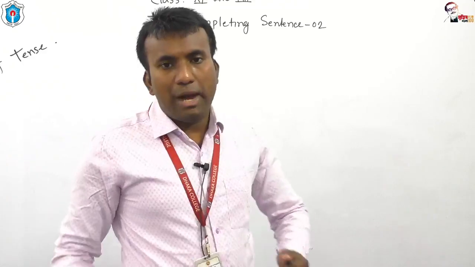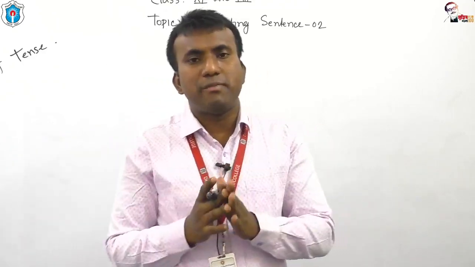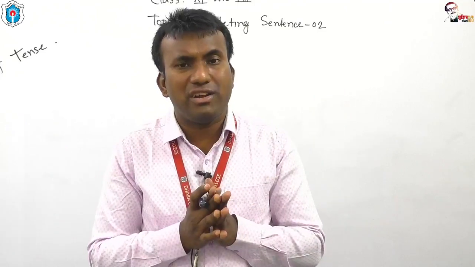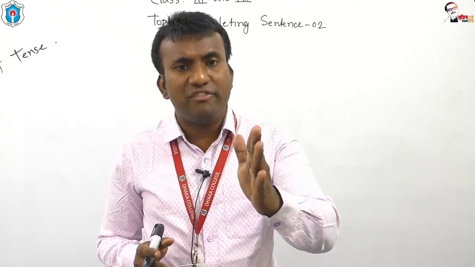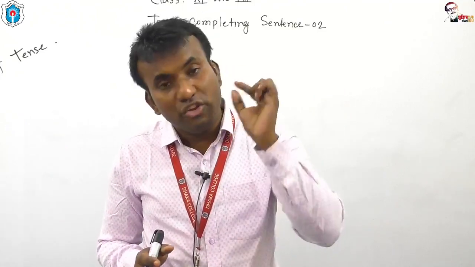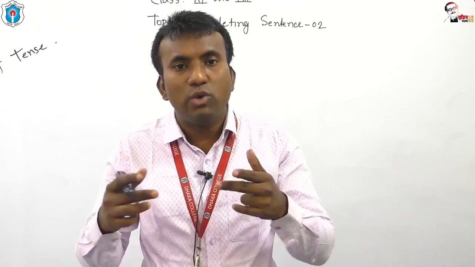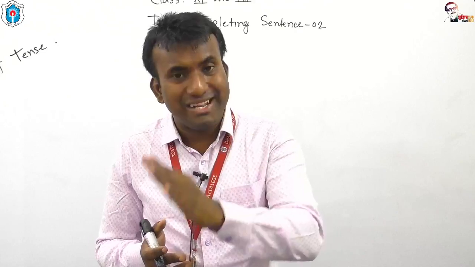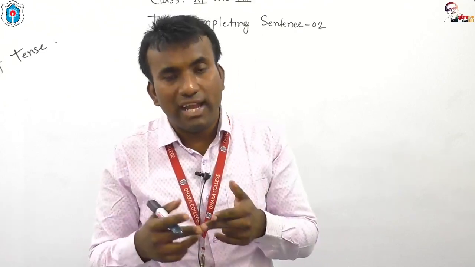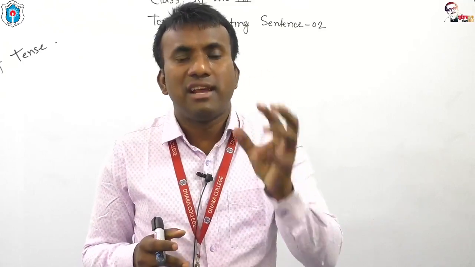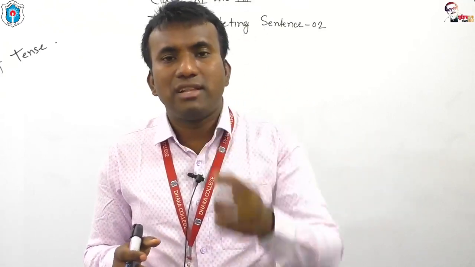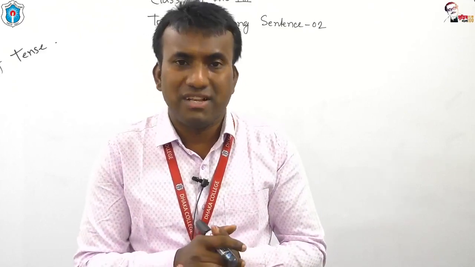So up to this part I have taught you, if the principal clause is in present tense, you can use all the tenses in the subordinate clause, and if you get future tense in the principal clause, you are allowed to use all the tenses in the subordinate clause. If you get past tense in the principal clause, you are allowed to use only past tenses, and there are 6 tenses that can be used in the subordinate clause as soon as the tense in the principal clause is in past tense.